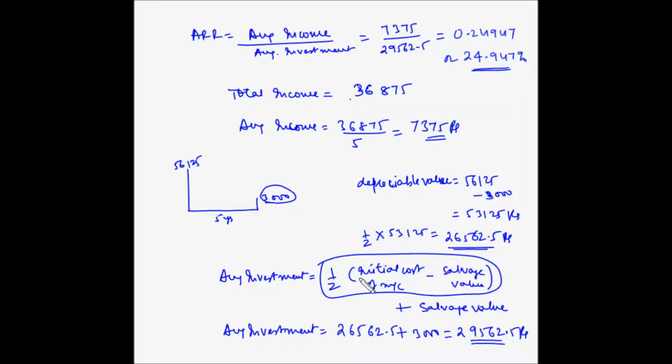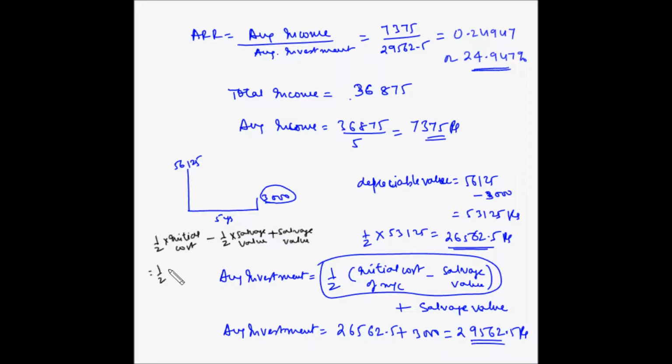So basically, if you open up this bracket, you'll get half into initial cost minus half into salvage value plus salvage value. So this becomes now salvage value minus half salvage value. So this becomes plus half salvage value.